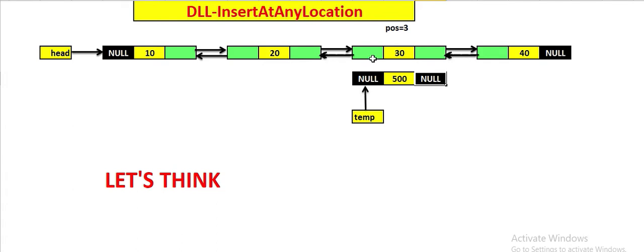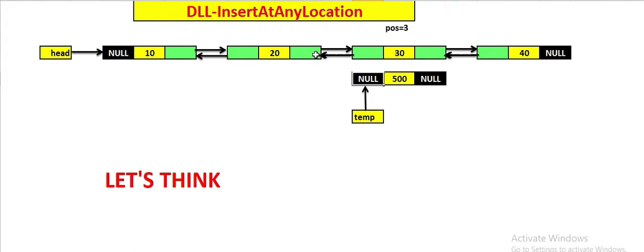Once that is done, then only you can change the right link of node 2 to point to temp, and also the left link of the new node, that is referenced by temp, should point to node 2.